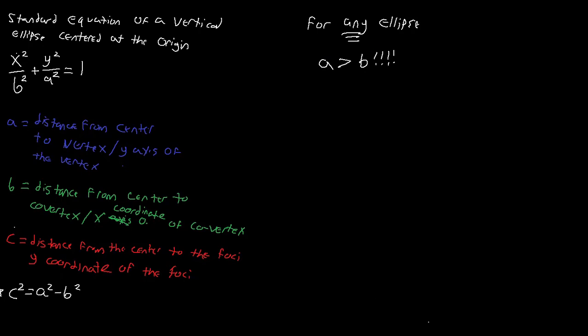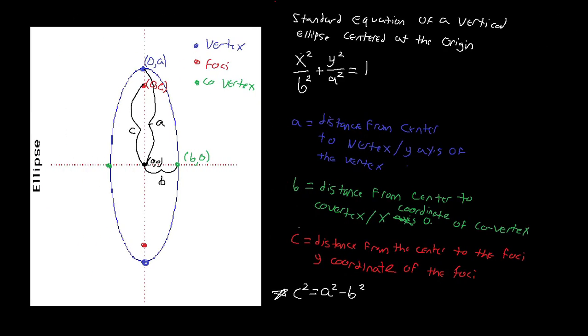And it makes perfect sense, because no matter how we rotate this ellipse, the distance from the origin to the vertex will always be greater than the distance from the origin to the co-vertex. Think about it. If we pulled the ellipse and pulled the ellipse until it was wider than it is tall, suddenly your axes would flip and this would become the vertex.